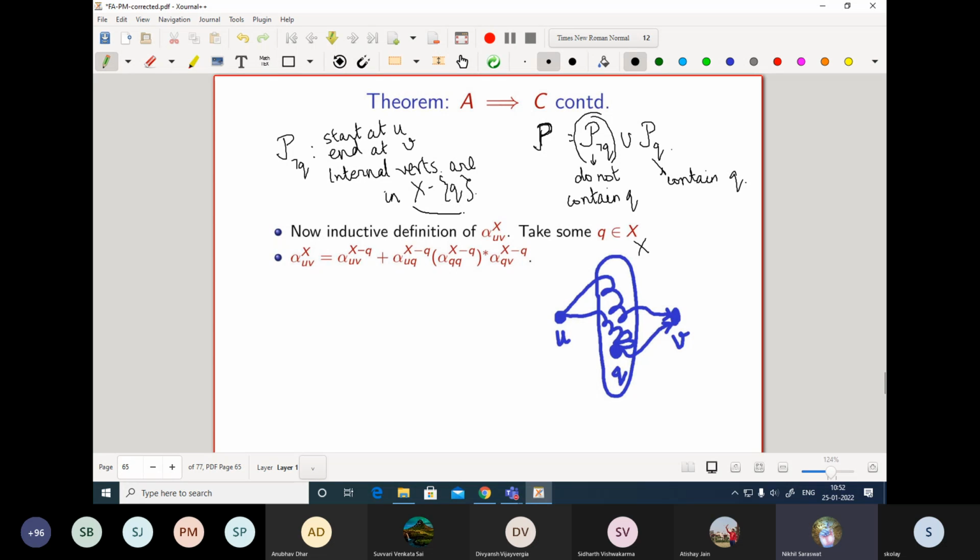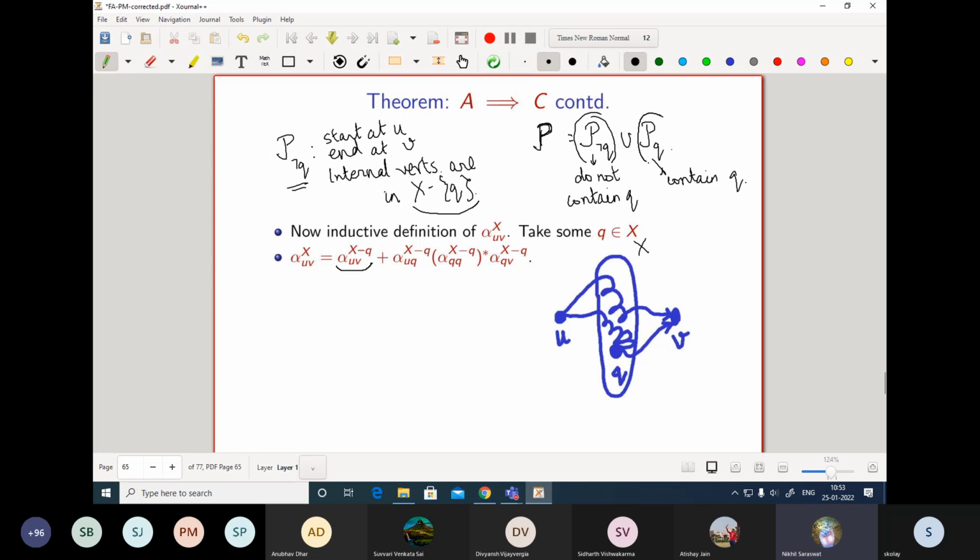Now x minus q is a set of smaller size than x, and therefore by induction I should have a regular expression alpha uv (x minus q) for all the strings corresponding to the paths in P_notq.